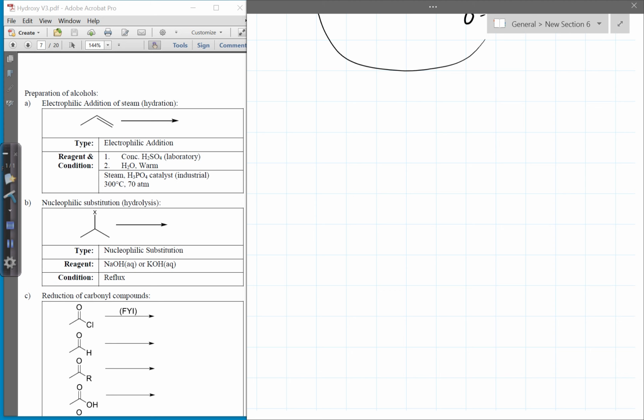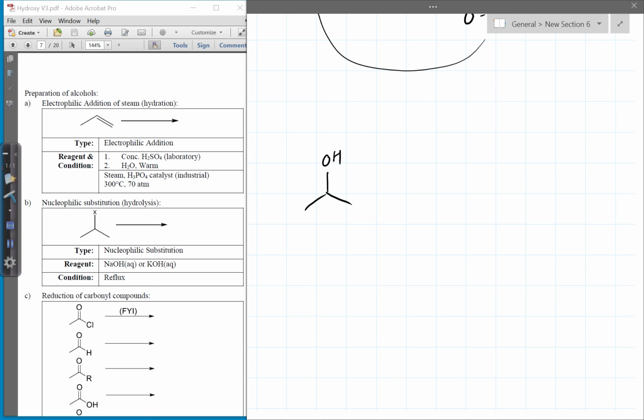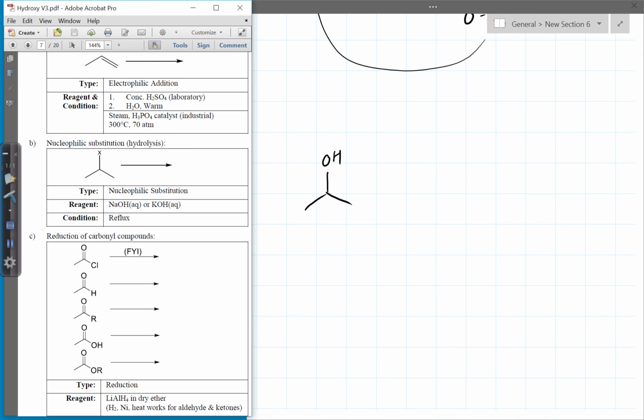H2SO4 before you warm it, to generate your alcohol, and take note that you have to consider your Markovnikov's rule, whereby your hydrogen will connect to the less substituted side and your OH will be connected to the more substituted end, so you have this secondary alcohol. You can either use conc. H2SO4, H2O warm, or steam with H3PO4 catalyst. So that's for addition of steam.